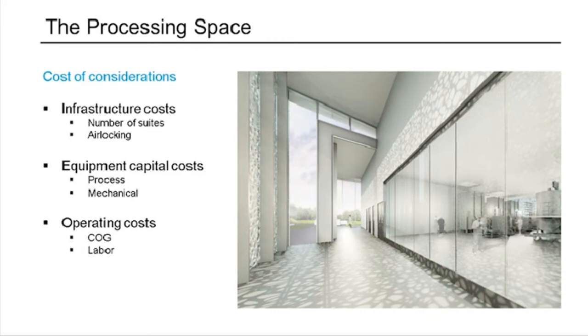There might be a lot more utilities, certainly things around HVAC to accommodate higher room classifications, all those airlocks. Because the operations might be more manual, you will have a much higher labor cost typically. And then certainly there's the cost of the additional risk involved in doing manual operations versus something that's more automated.